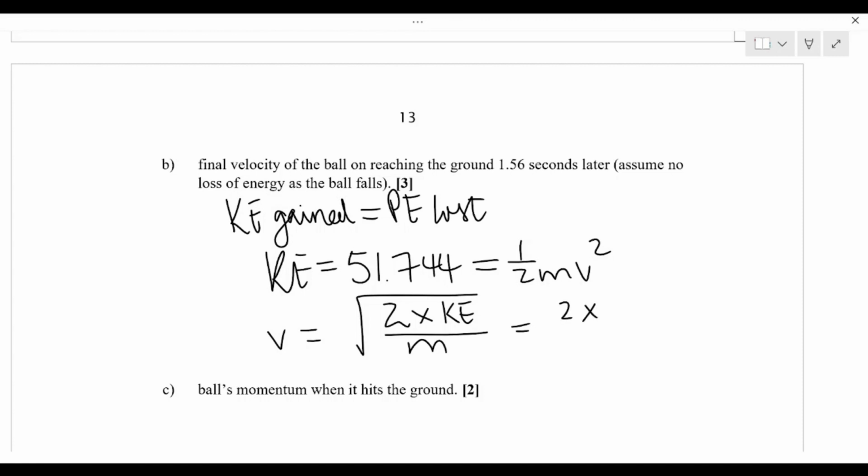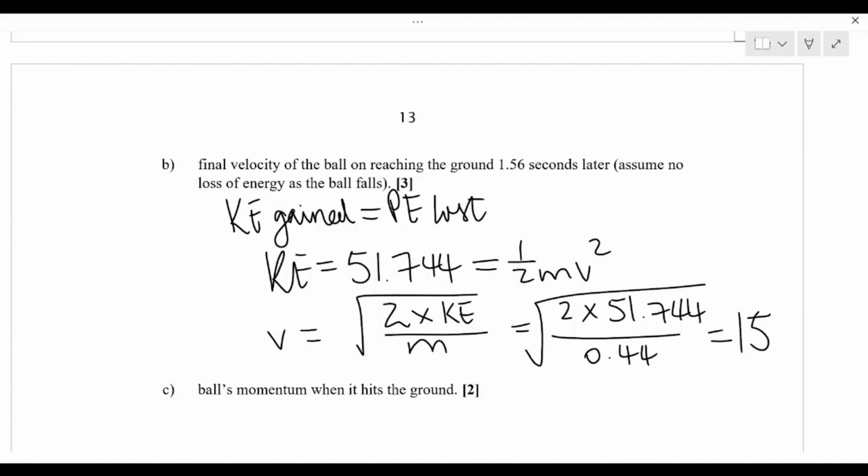Two times 51.744 over 0.44, all square rooted. This gives us 15.336 meters per second. To two significant figures, 15 meters per second.